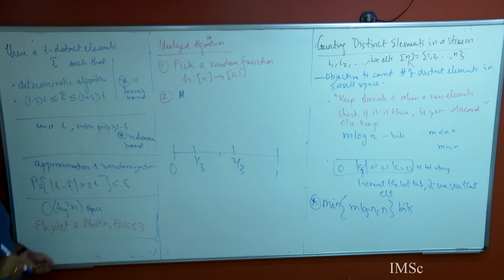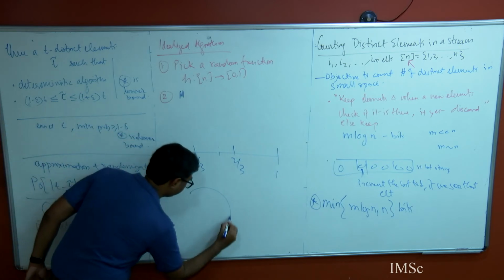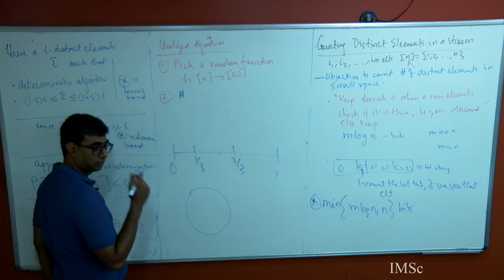Think of this as a closed unit interval. Suppose I had 4, where will they be?